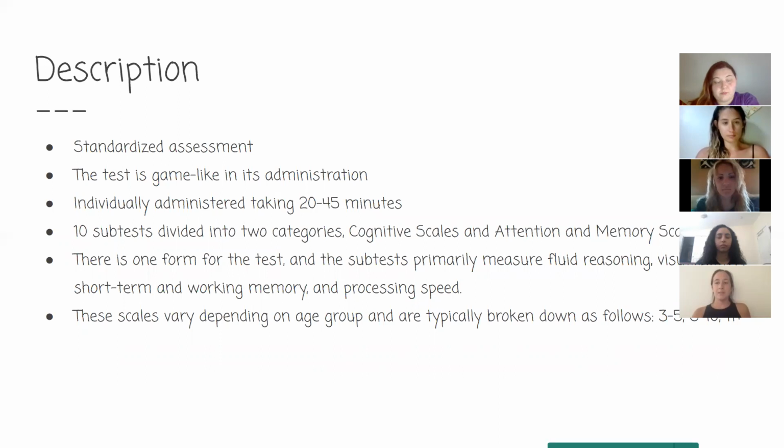There are 10 subtests divided into 2 categories, cognitive scales and attention memory scales. There's one form of the test, and the subtests primarily measure fluid reasoning, visualization, short-term and working memory, and processing speed. These scales vary depending on age group and are typically broken down between 3 and 5 years old, 6 and 10, and 11 plus.